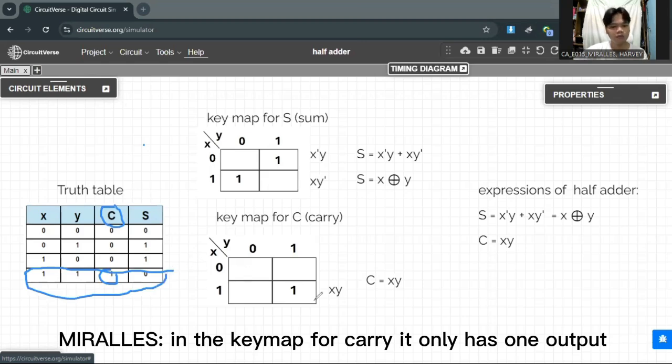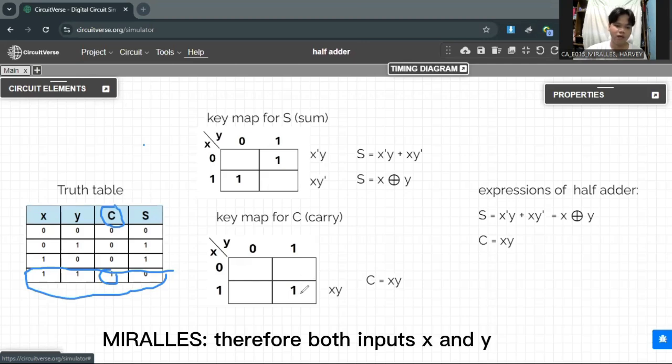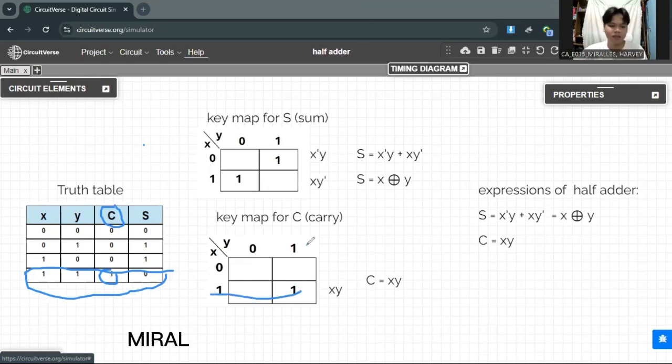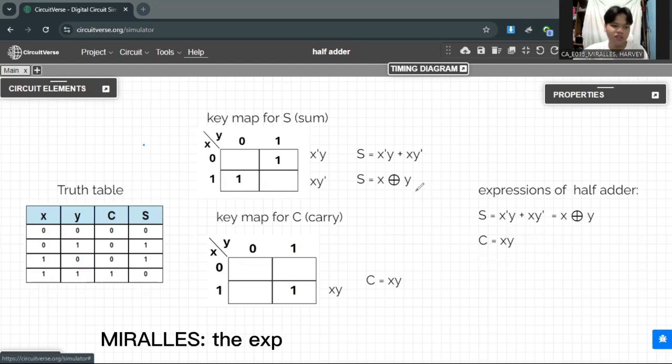So, yung value ni x is 1, value ni y is 1. So, dito maglalagay tayo ng 1. So, since yung x natin is may value na 1, ganyan. Makakabuo tayo ng xy sa expression, kaya natin nabuo tong expression na C is equal to xy. So, nakabuo na tayo ng expression.